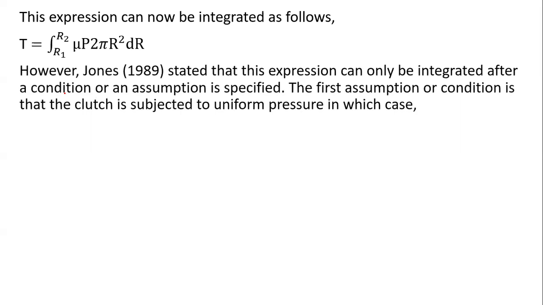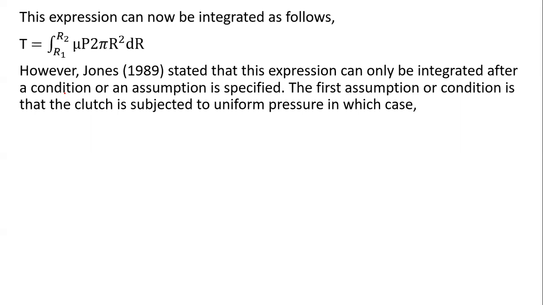Now here we need to talk about the conditions. We can assume either uniform pressure or uniform wear. In this case, we are going to consider that this clutch is being subjected to uniform pressure. The other way of talking about this is that this clutch is new. It's completely new.